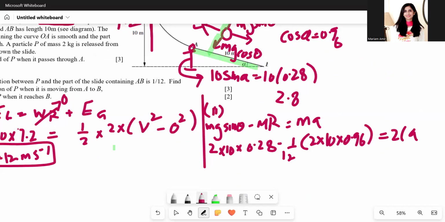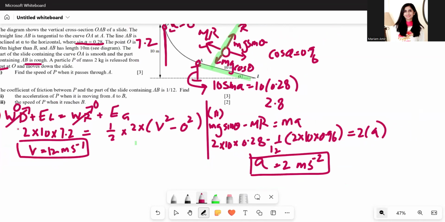Solve this and get the value of a. It comes out to be 2. So a is equal to 2 meters per second square.